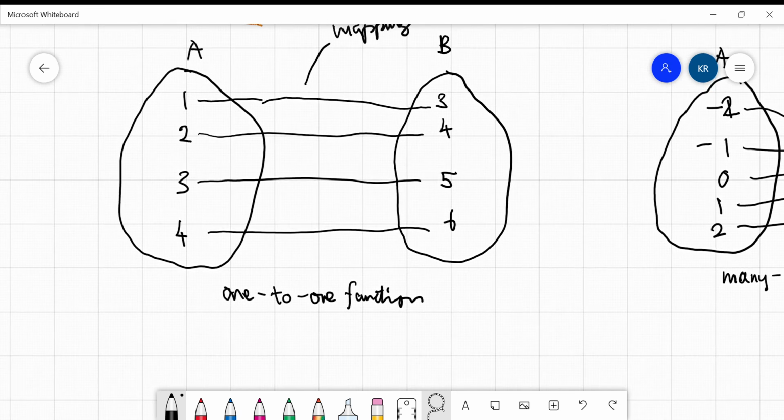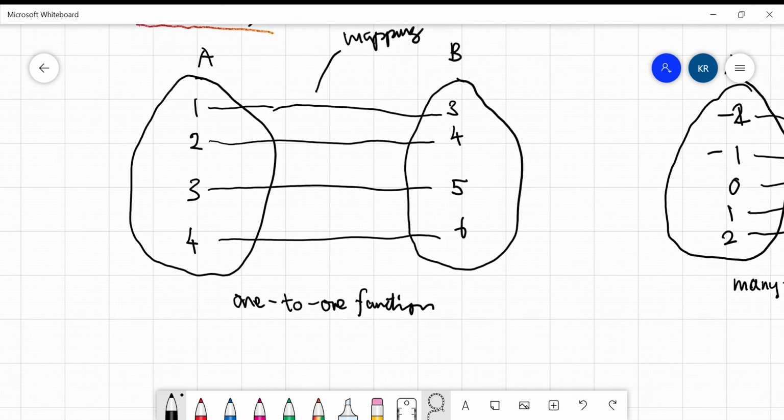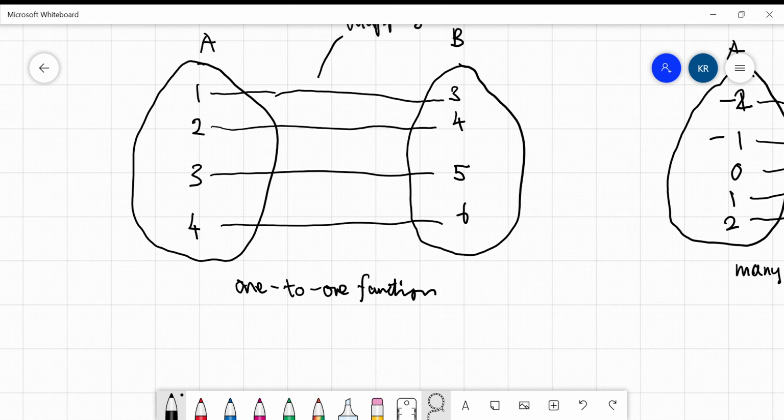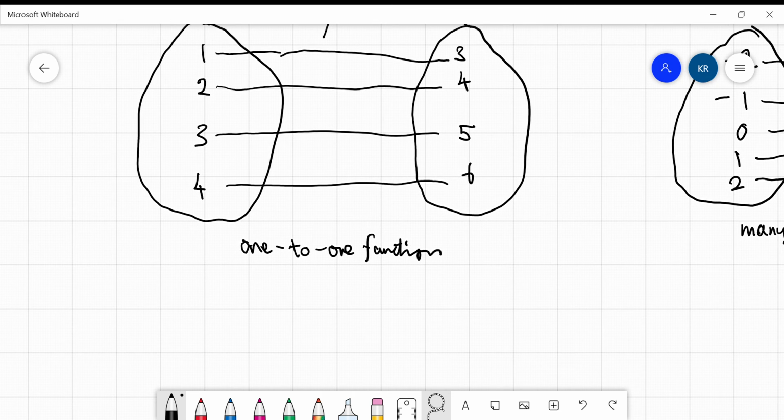So if we look at the first one, which is a one-to-one function, how would we relate the elements in A to elements in B? Suppose A was X and B was Y, we can represent this as Y is equal to X plus 2. Y equals X plus 2 is a one-to-one function.